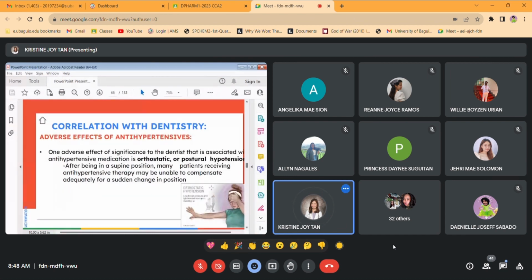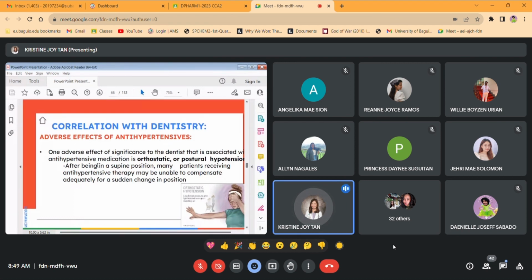Yan. So for adverse effects of antihypertensives, one adverse effect of significance to your field associated with antihypertensive medication is orthostatic or postural hypotension. Kasi syempre, di ba, yung posture ng patient pag gagawa na kayo ng procedures nyo is recline yung chair, ganyan.